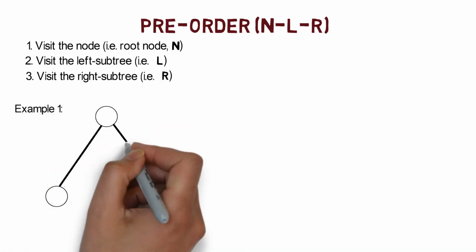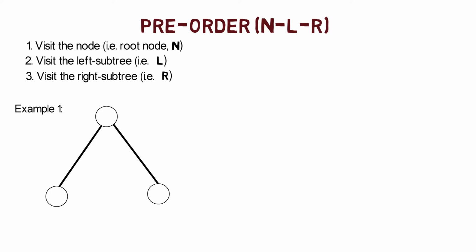There is an example of a tree with labels A, B, and C, where A is representing our root node.